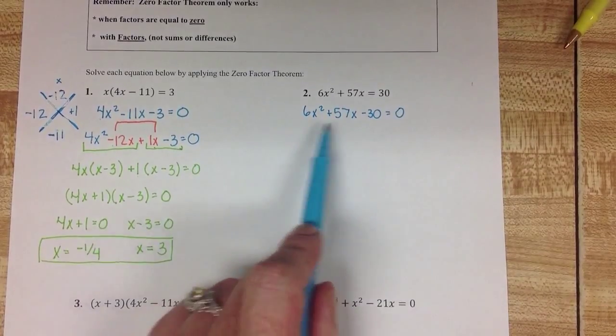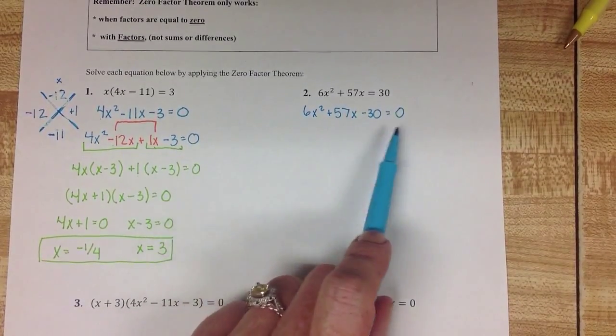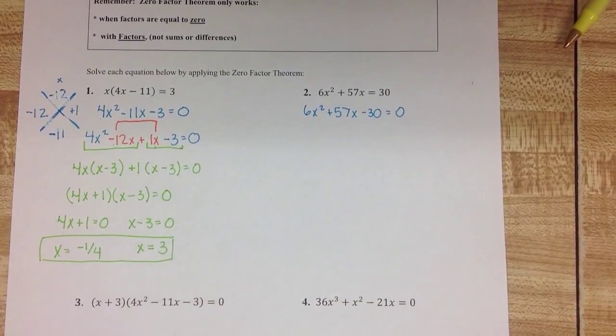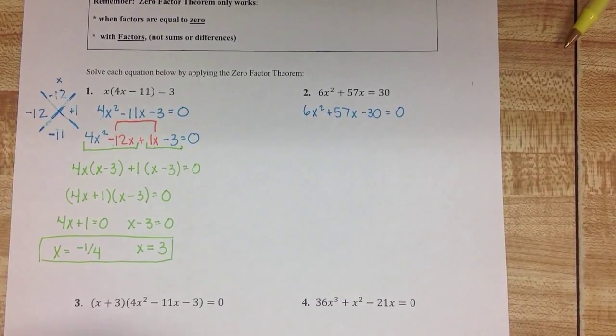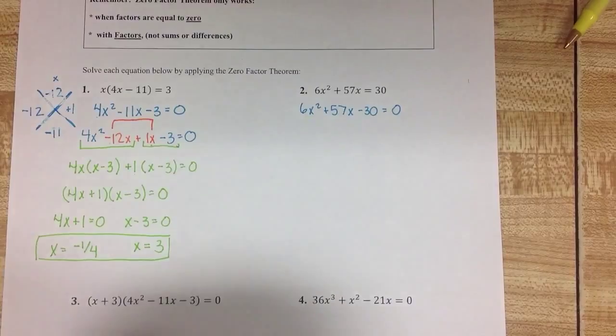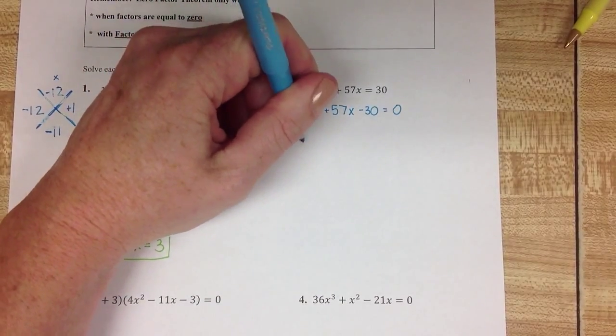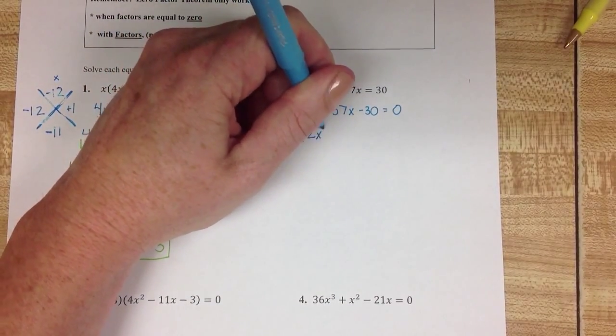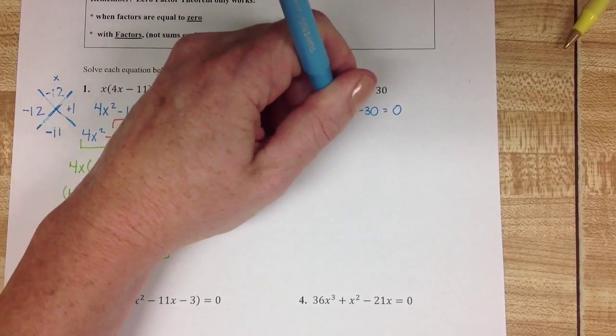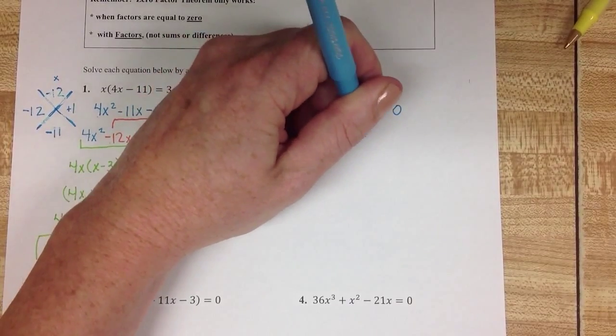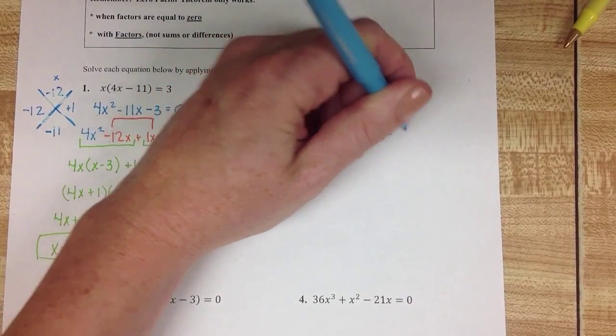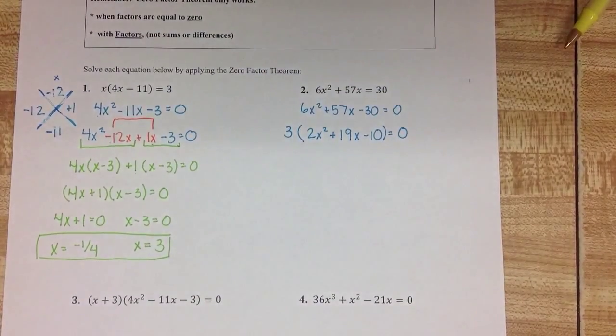So when you're factoring, if there's a greatest common factor you can remove from all of your terms, you want to do that before you start factoring the rest. So when I take the 3 out, I'm left with the quadratic 2x squared plus 19x minus 10 equals 0.